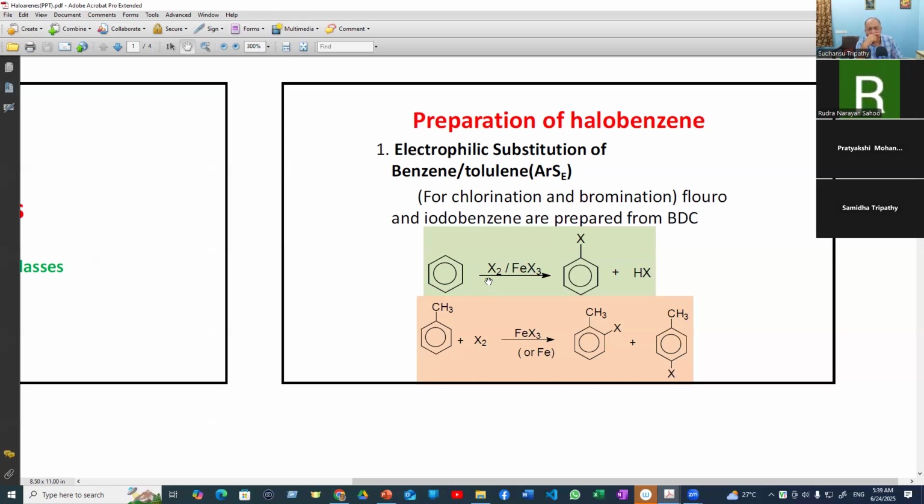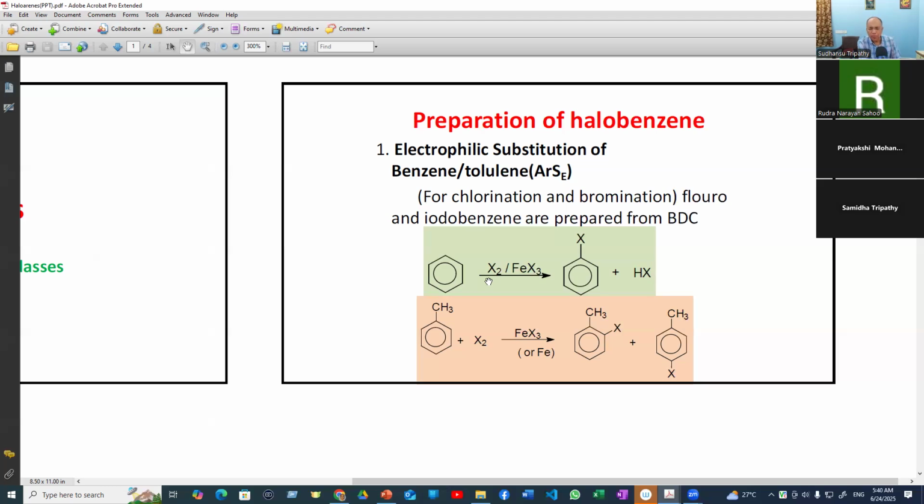But those who are minus M or minus R electron withdrawing groups, like nitro, like sulfonic acid, like carboxylic acid, like cyano, they do not carry a lone pair, rather they have a pi bond as well as an electronegative atom like nitrogen, sulfur, oxygen, so that they withdraw electron density from the ring by resonance, by conjugation.